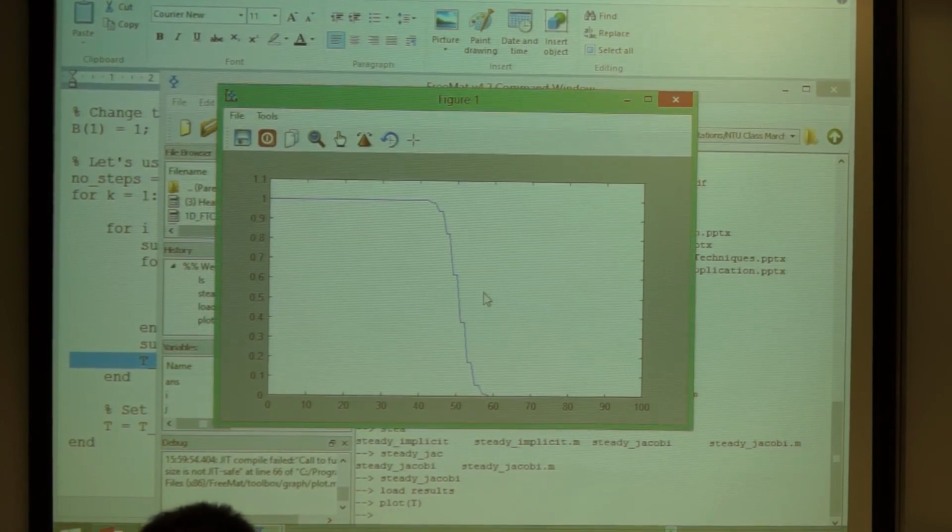Does it look like the FTCS solution after 10 iterations? It doesn't look exactly the same because it's bumpy. Bumpy is not a technical term; you won't find that description in the textbook. But it looks a bit like your FTCS solution.